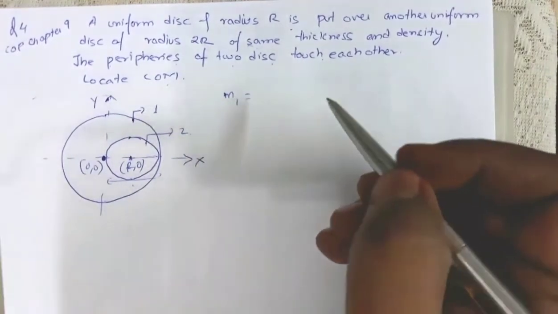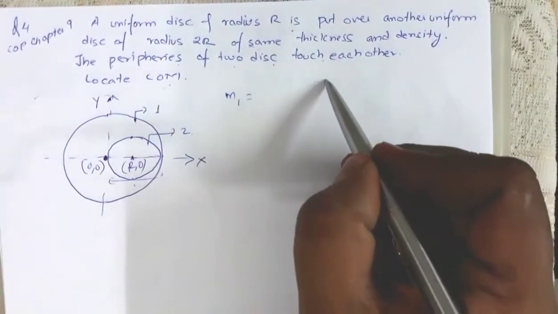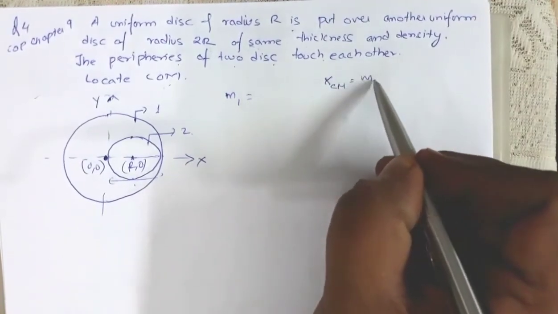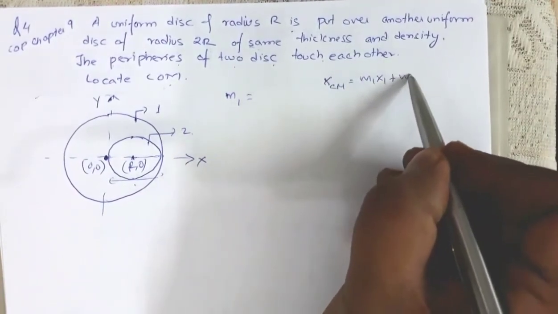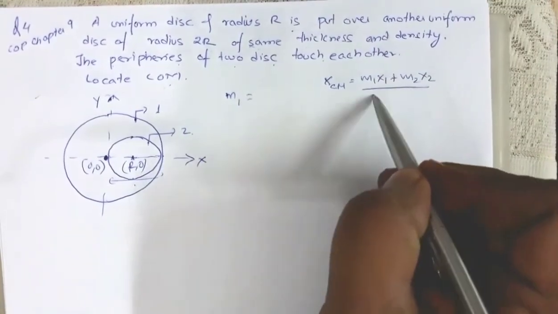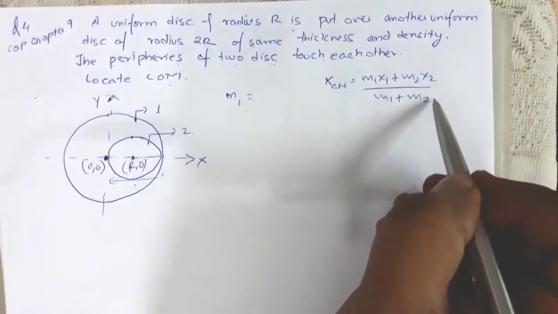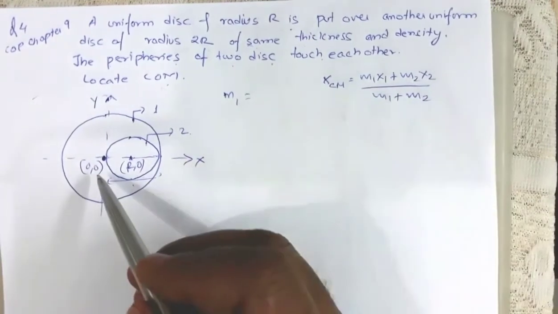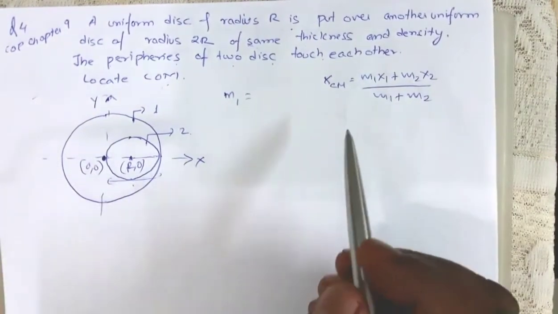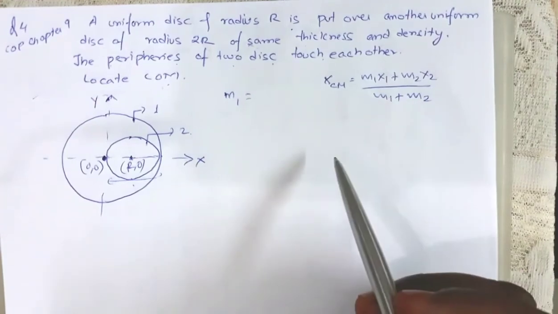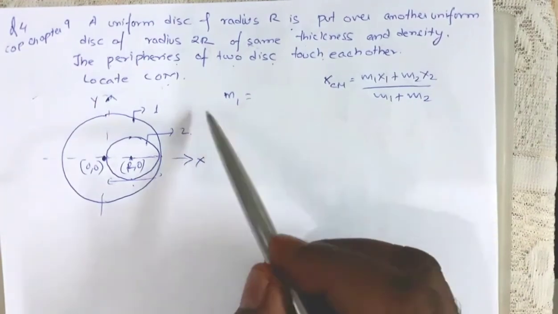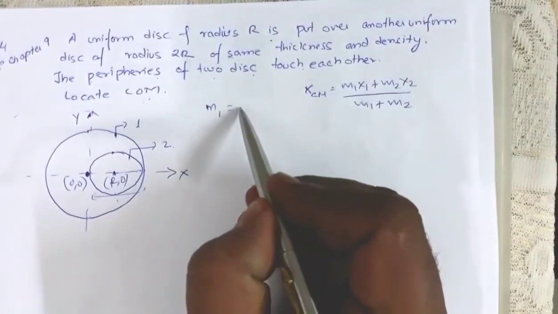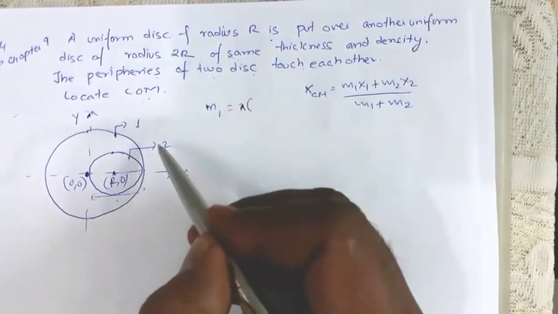Now the position of center of mass is xcm equals m1 x1 plus m2 x2 divided by m1 plus m2. I know the values of x1 and x2, but I don't know the values of m1 and m2. Let's see how we can write them.